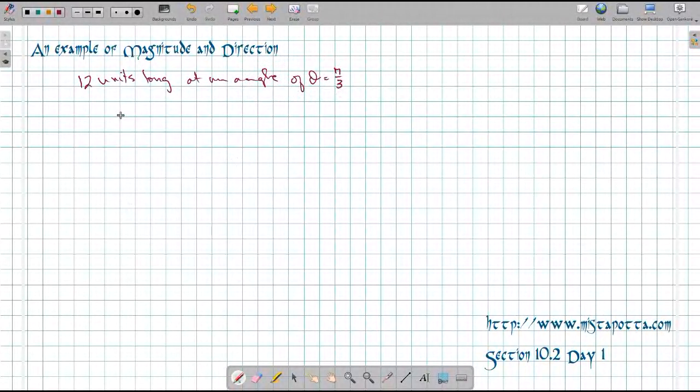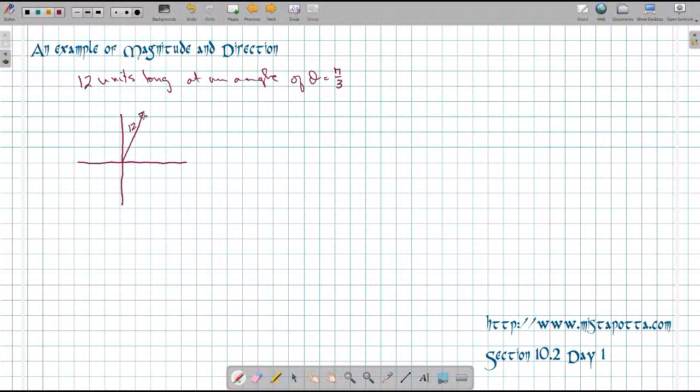So if I'm looking at this from the angle of pi over 3, pi over 3 is this angle here, and I'm going to be 12 units long.